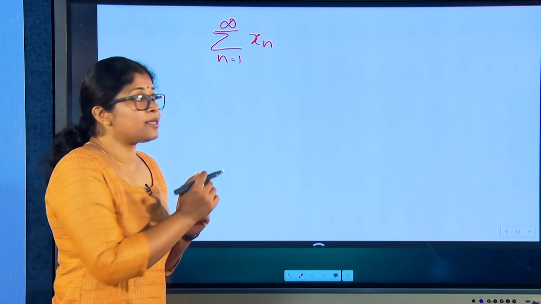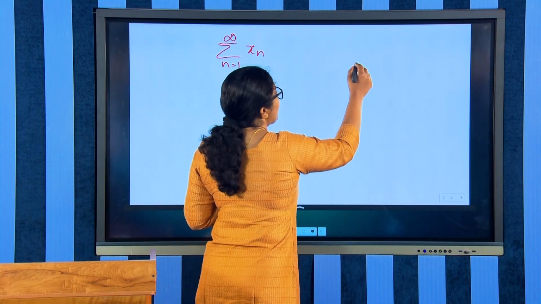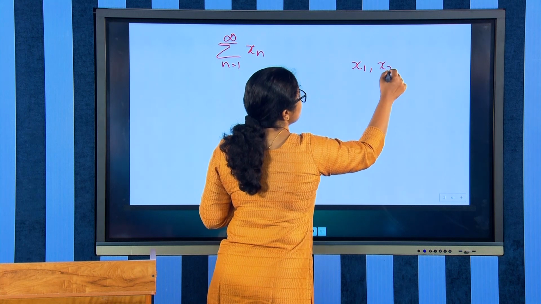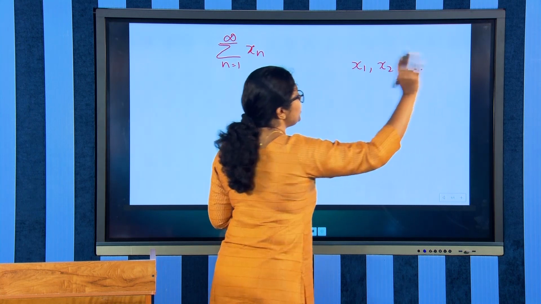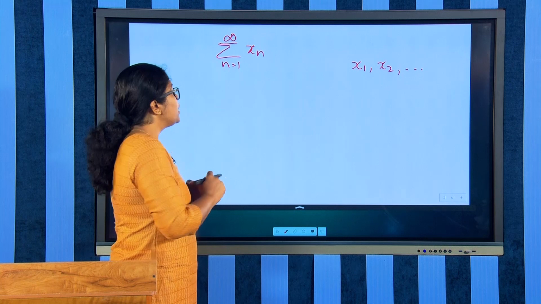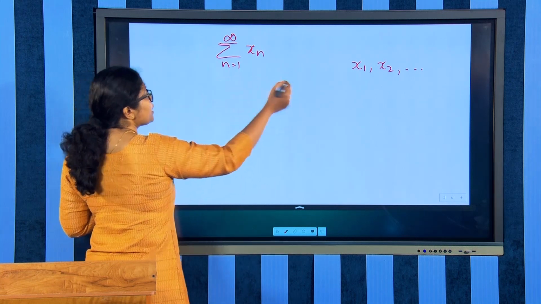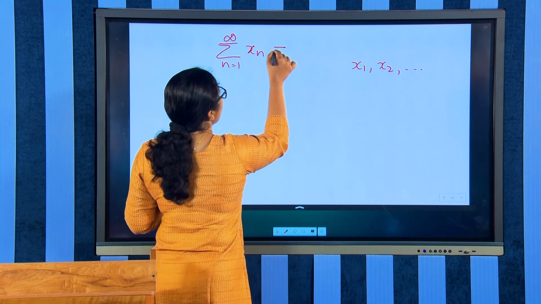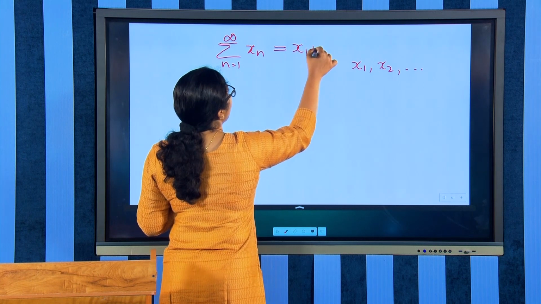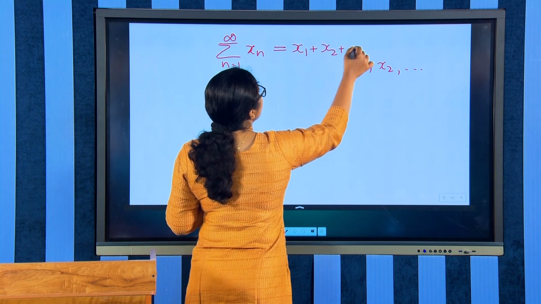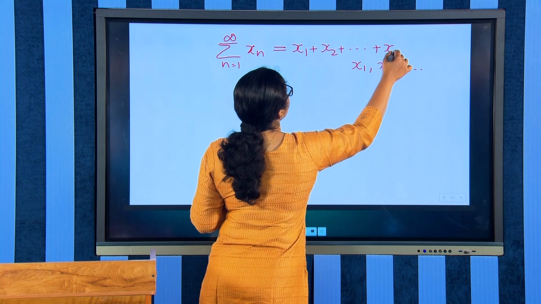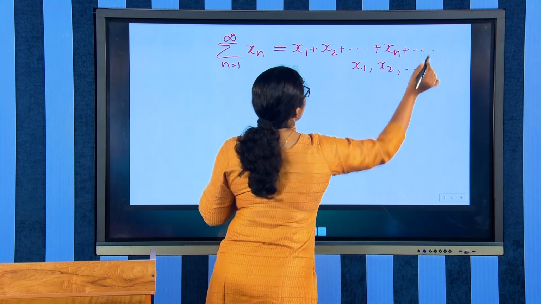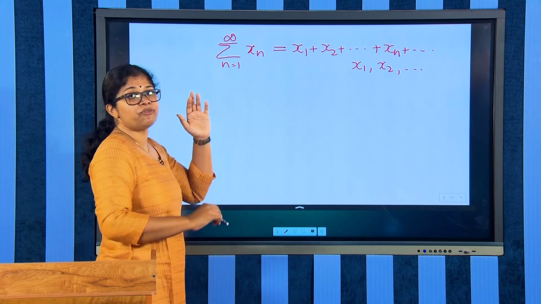The underlying terms of the sequence are x1, x2, etc., up to infinity. We can expand the corresponding series as x1 plus x2 plus etc., plus somewhere here your nth term, and so on, up to infinity.